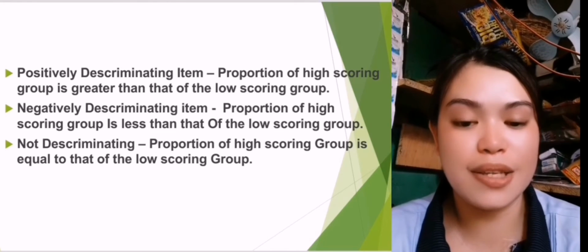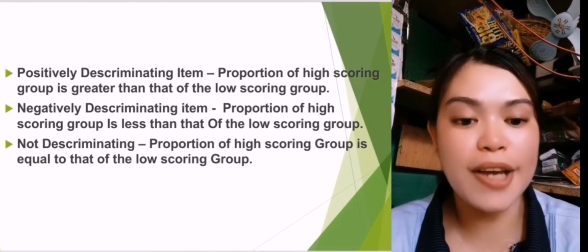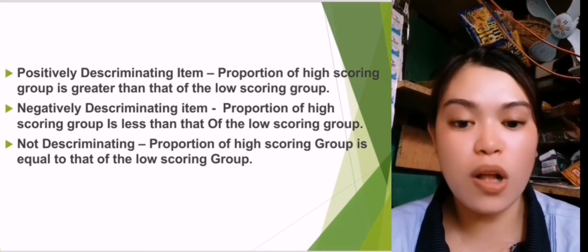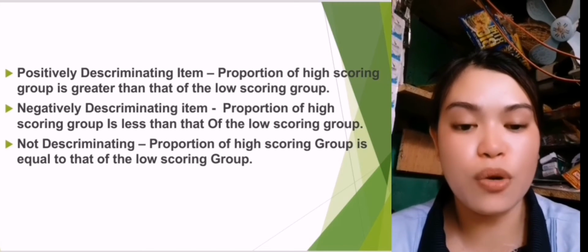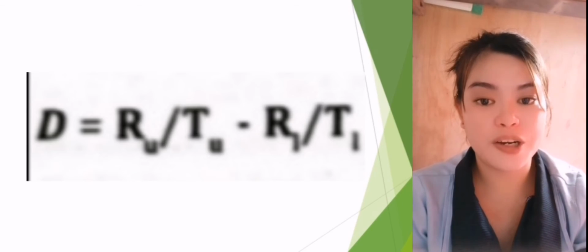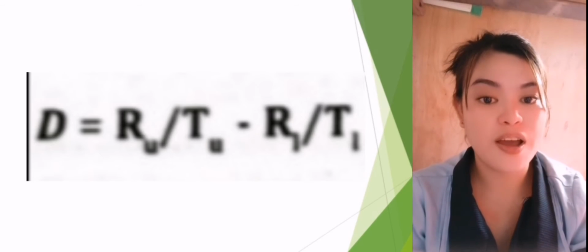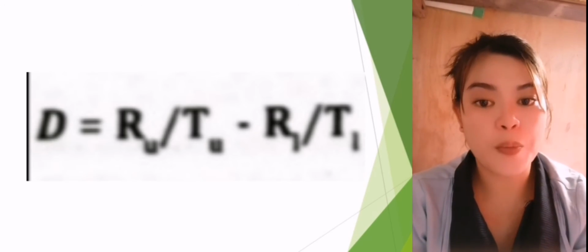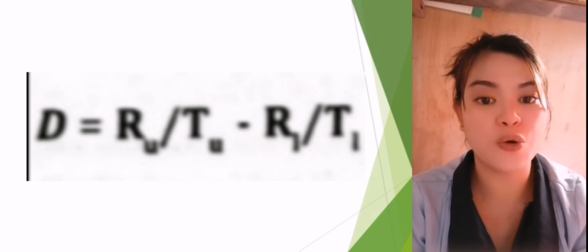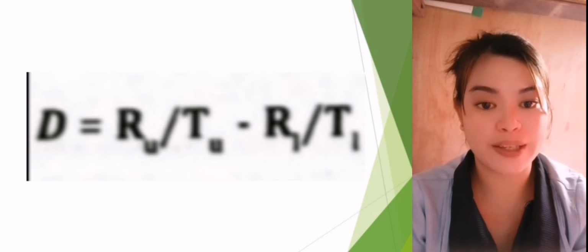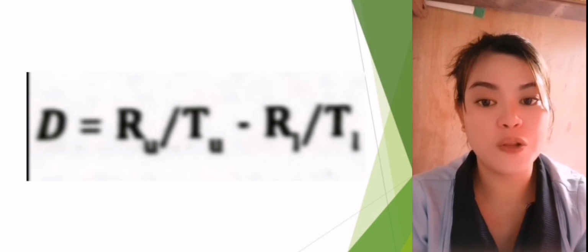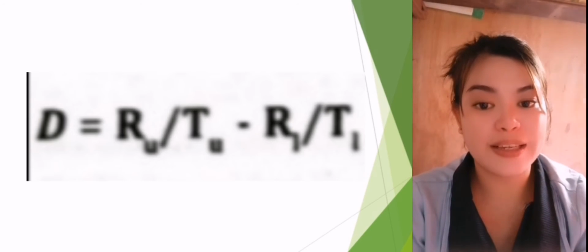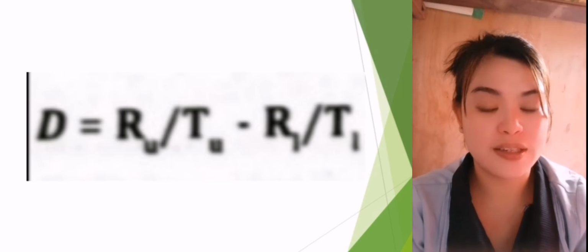Lastly, not discriminating, where the proportion of the high scoring group is equal to that of the low scoring group. Calculation of the discrimination index therefore requires obtaining the difference between the proportion of the high scoring group getting the item correctly and the proportion of the low scoring group getting the item correctly, using the simple formula.